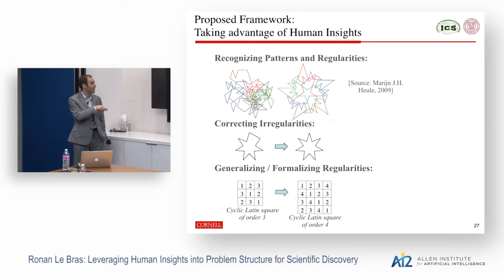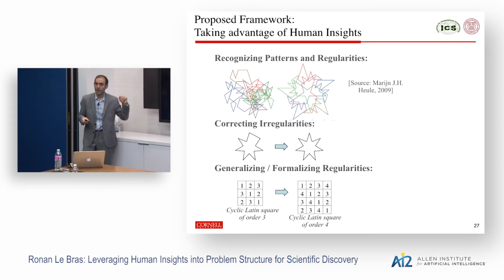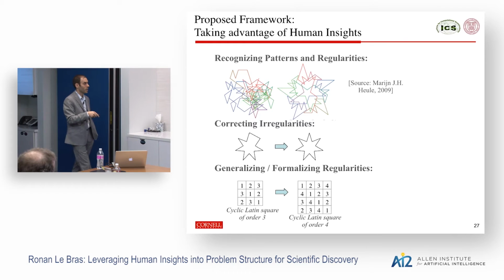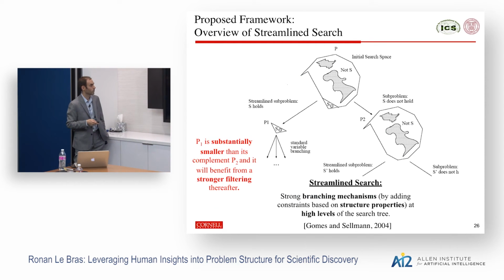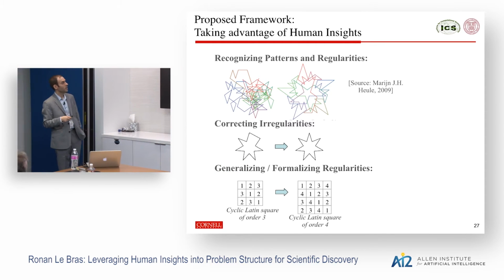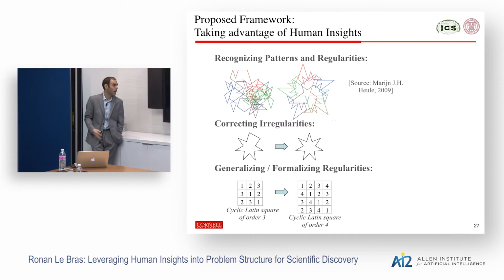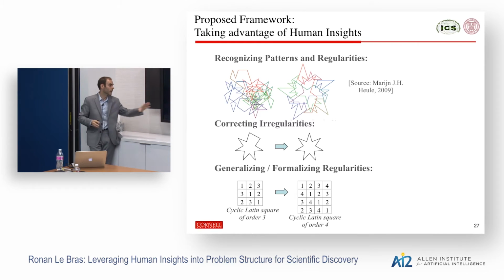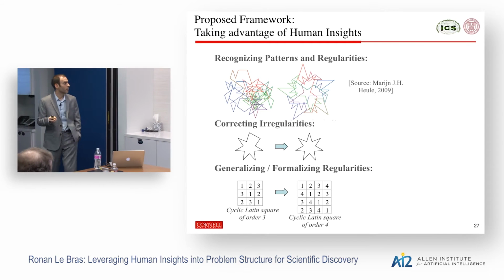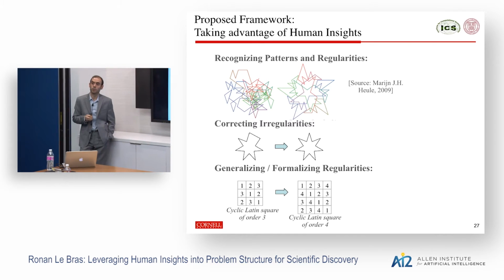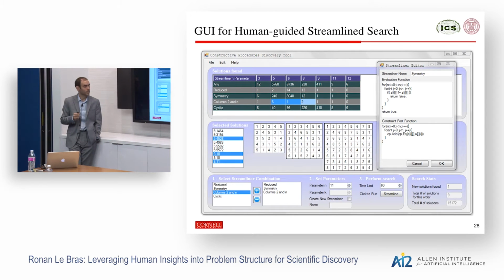If you see this broken star here, you know what you would do to make it a full star. And finally, we're pretty good at generalizing and formalizing regularities. If you see a solution of a smaller size, like a Latin square like this, you can infer, or conjecture, what would be a good way to make this solution bigger. And so that's the second component.